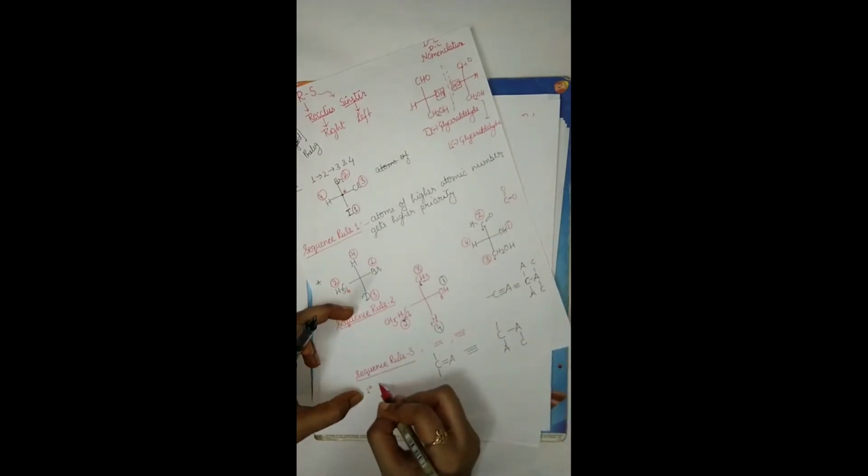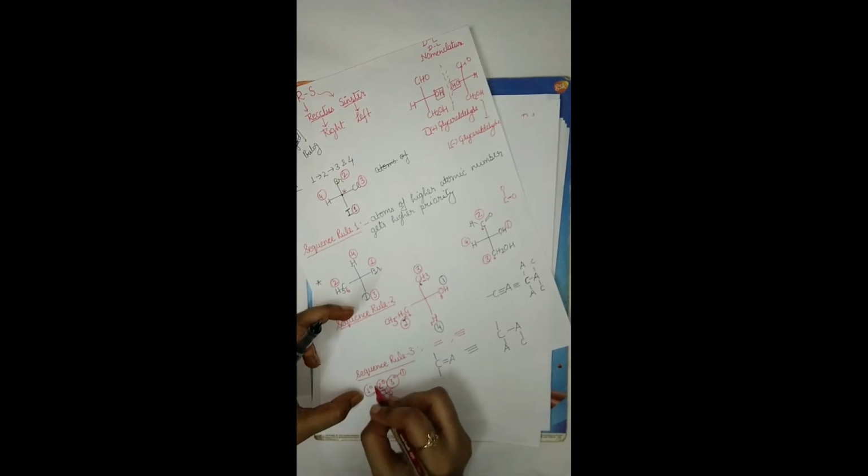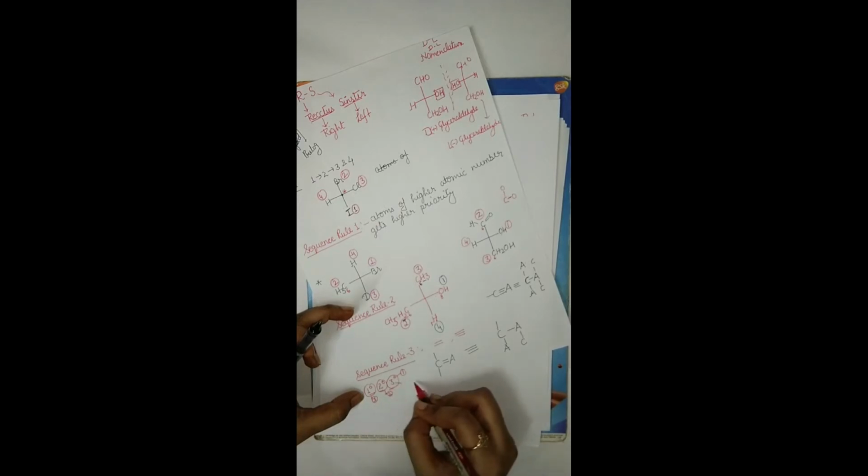If there are primary group, secondary group, or tertiary group, then always remember tertiary will get 1 number, secondary will get 2 number, and primary will get 3 number. Tertiary means 1 carbon is connected with 3 carbon.